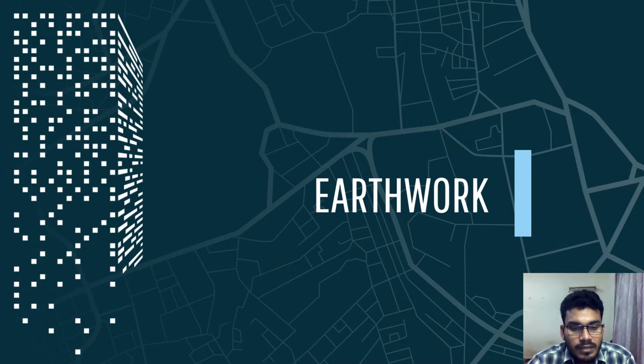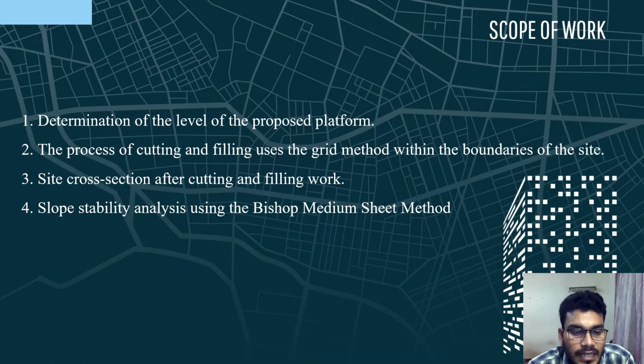In the earthwork department, the scope of work is to determine the level of the proposed platform. The process of cutting and filling uses the grid method within the boundaries of the site. Third is the site cross section after cutting and filling work.